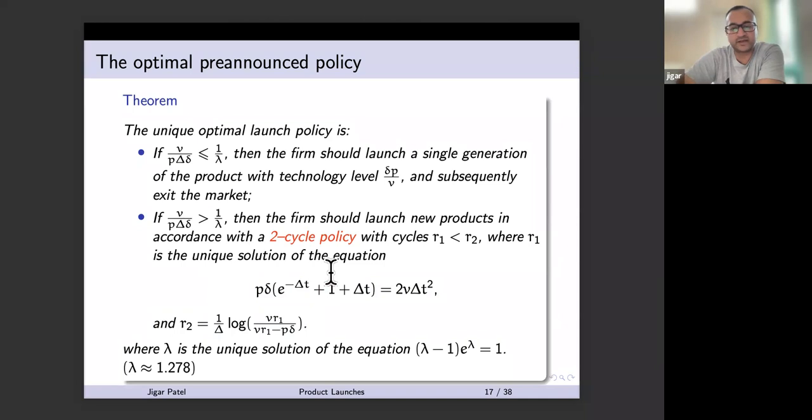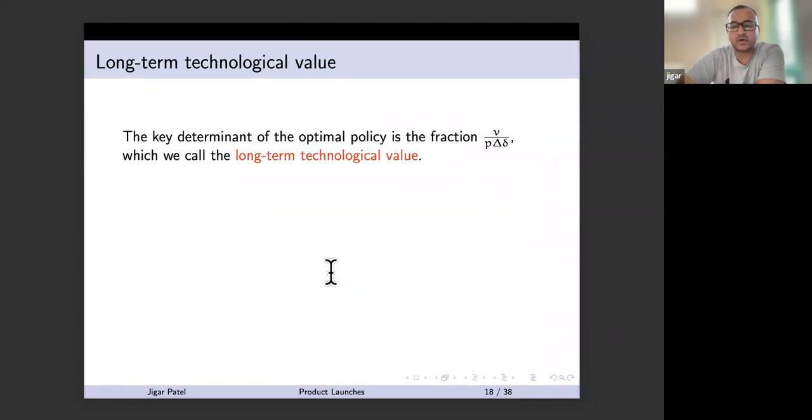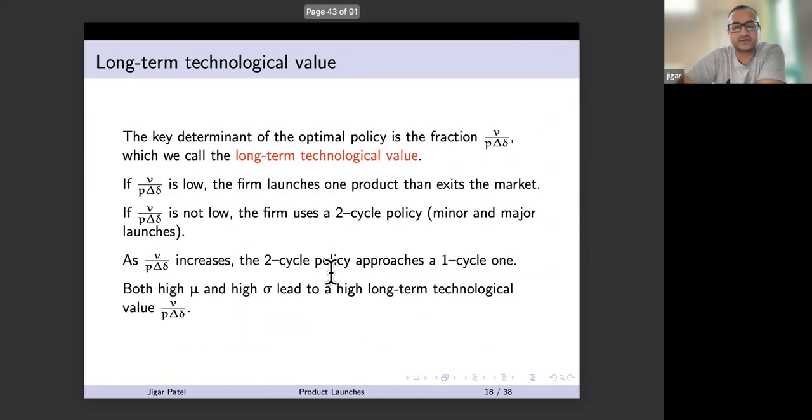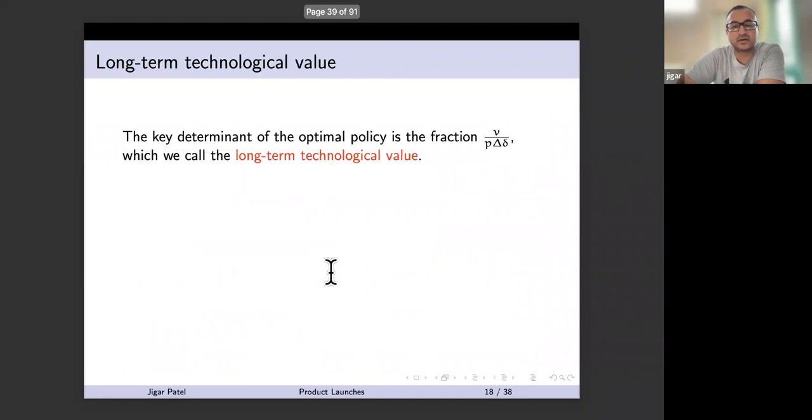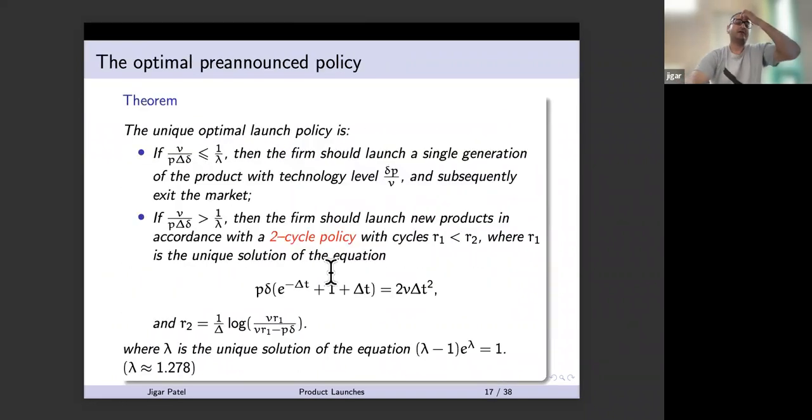This 2-cycle policy is very interesting. It follows the policy that iPhone or Apple kind of follows. It says the first innovation has an innovation level, an increment of R1, which is the smaller one.